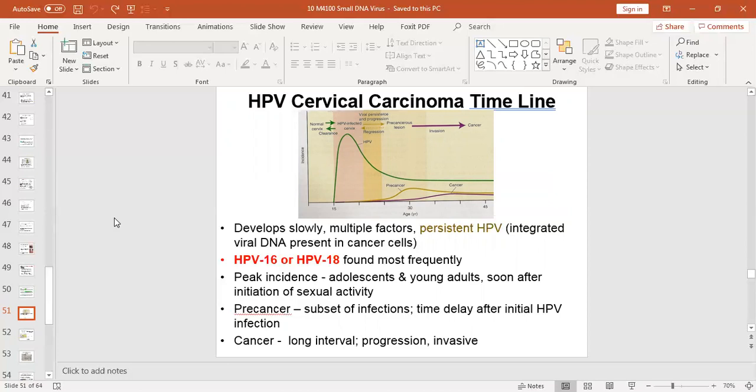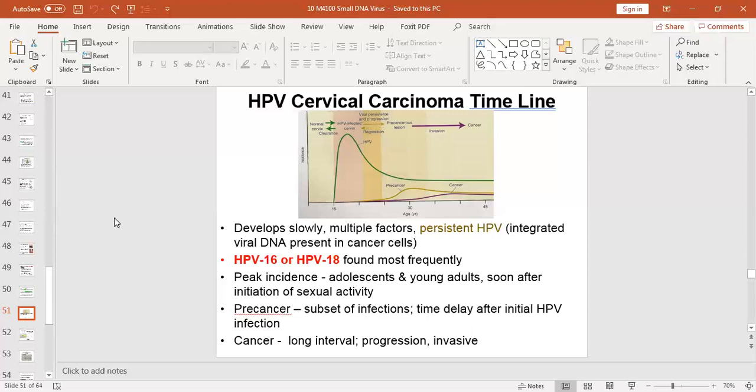The disease develops very slowly because there are multiple factors involved. It can be the environment, the chemical composition and the environment of the cervix itself, host cell immunity, etc. And it can cause persistent infection.